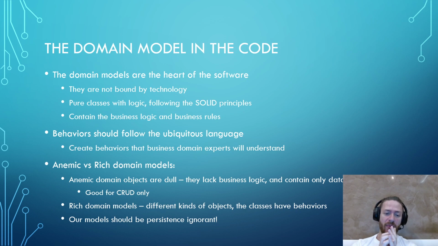So that's super important. And most importantly, our models should be persistence ignorant. So all of our models should not understand anything about databases, Entity Framework, and such. That's super duper important. You know what an anemic domain object is?